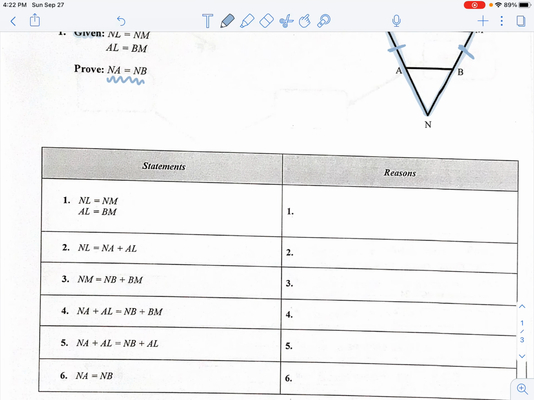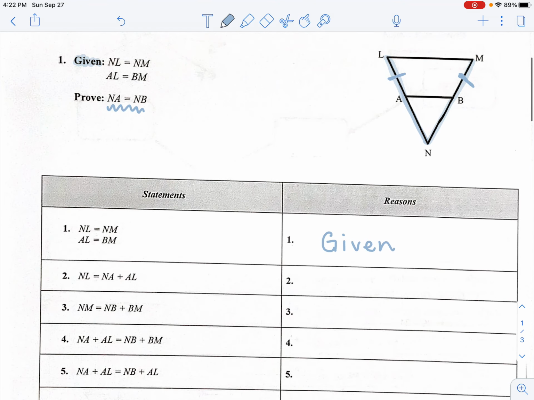All right, we got to fill in the reasons today. So it says that NL equals NM and AL equals BM. Well, that's our given. Number 2 says that the whole thing NL equals NA plus AL. So it's taking part of that segment plus another part of that segment equaling the whole big segment.